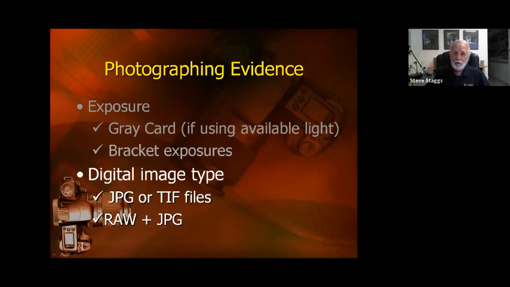So what you'll find is a lot of departments will say it's okay to shoot JPEG fine for overall crime scene use. But when you're taking photographs of evidence, and maybe they'll even qualify it and say evidence that will be analyzed, I don't know, but when you're photographing evidence, use RAW. And that way you have the ability later to do with that image what you need to do.